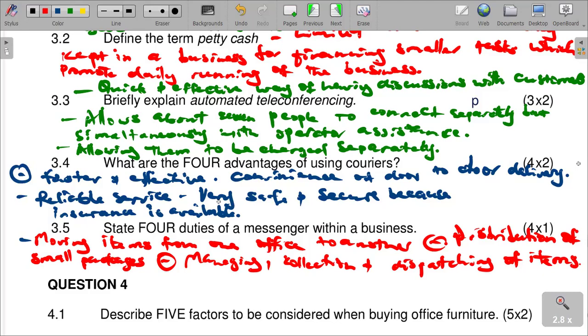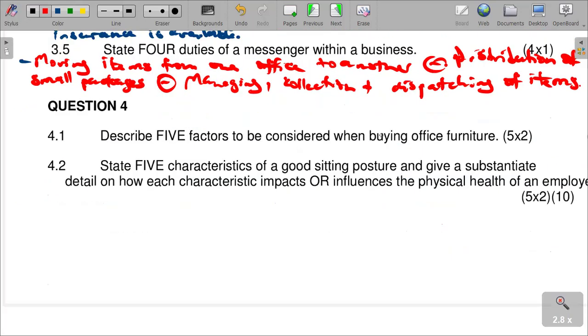So they are there for transportation management, or for delivery of mails and packages from couriers. Those are the duties of a messenger.